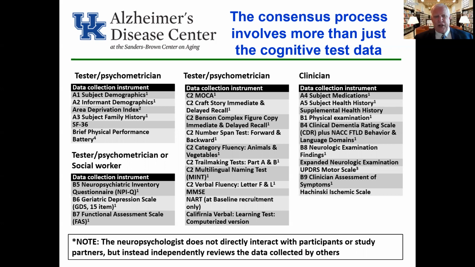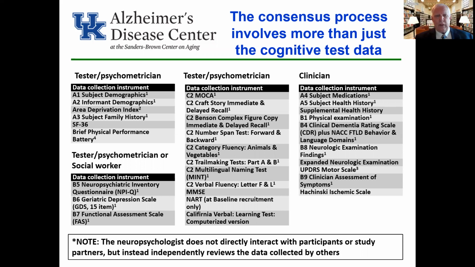There are data collection instruments that are also given by that psychometrician, or frequently a social worker if we're working with an impaired person, including assessment of neuropsychiatric symptoms, geriatric depression scales, and functional assessment scales.